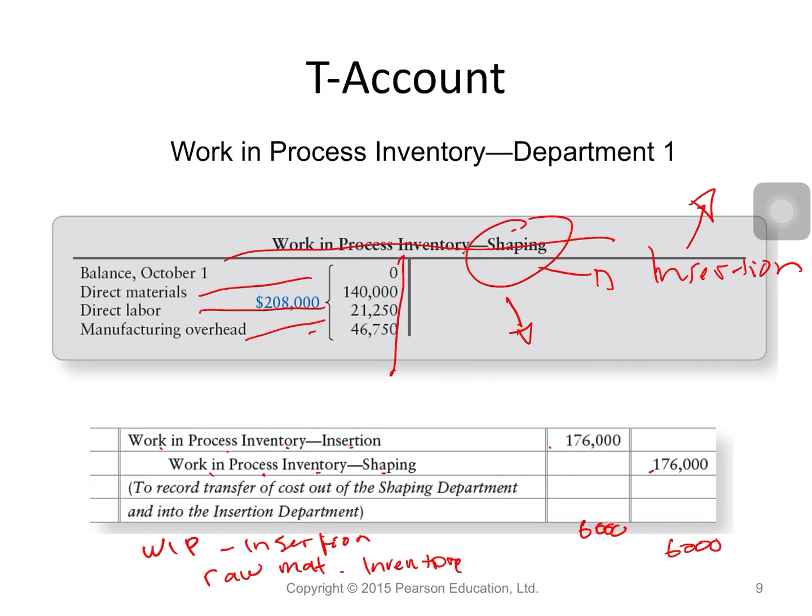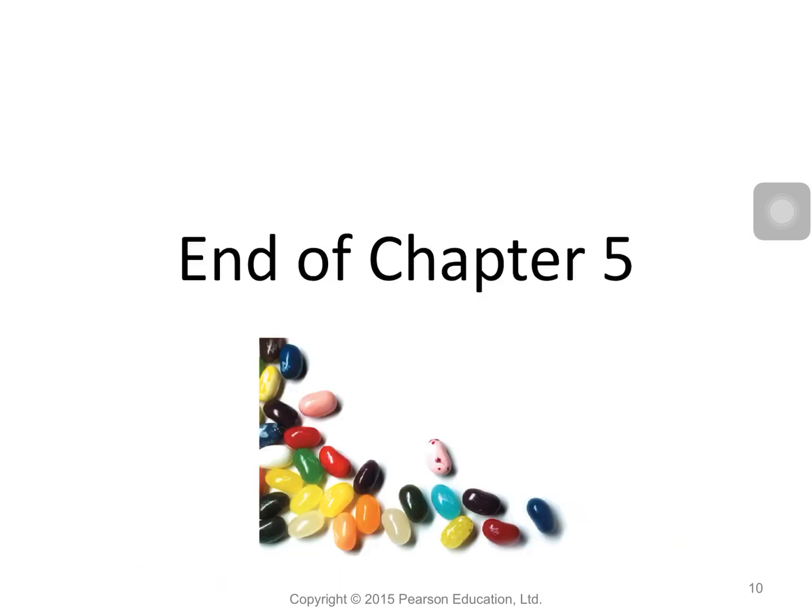So here you transfer from shaping into insertion, and maybe you need other raw materials to mix into the insertion department. So you record raw materials inventory on credit and work in process insertion on debit. Basically that's all for the process costing.